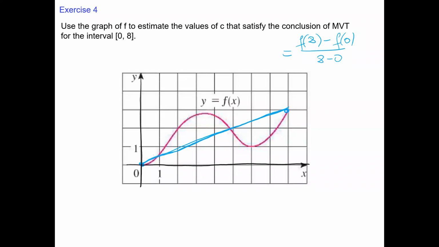I think I can draw it somewhere. Looks like somewhere here. Of course, it's my estimation. 1, 2, 3, 4, 5, 6, 7, 8.